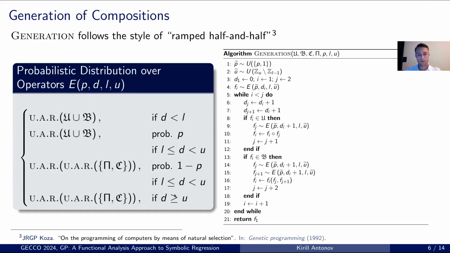If the depth is already bigger than the upper bound, it does not make it bigger, sampling only projection or constant. And otherwise, with probability P, it samples a unary or binary operator to make the tree bigger, or with probability 1 minus P, it leaves the tree at the same depth in the current branch by sampling projection or constant.